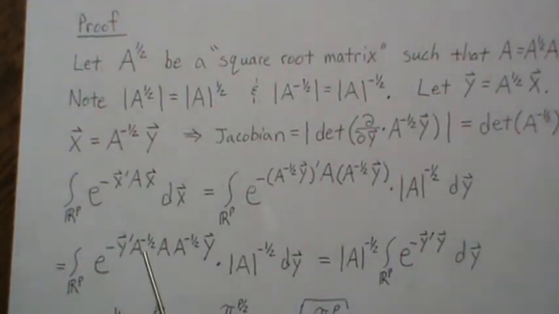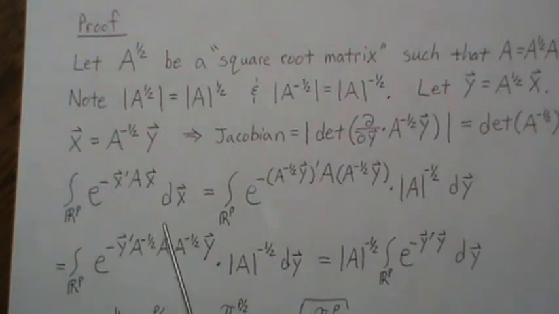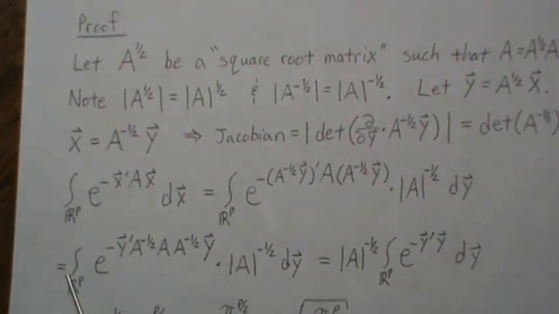Since that's symmetric, we don't need a transpose there. Well, A to the minus 1/2 times A to the minus 1/2. In the video on the square root matrix, we show that's the identity. And now this determinant of A raised to the minus 1/2 can be taken out of the integral because there are no y's in it. So this right here becomes this, e to the minus this vector product.